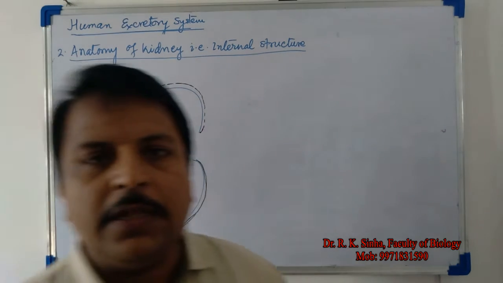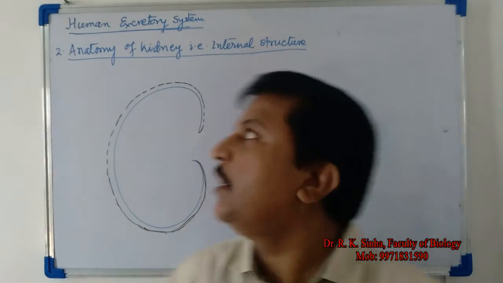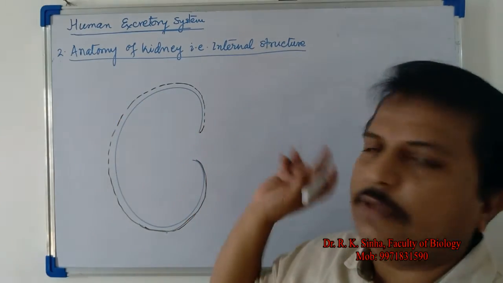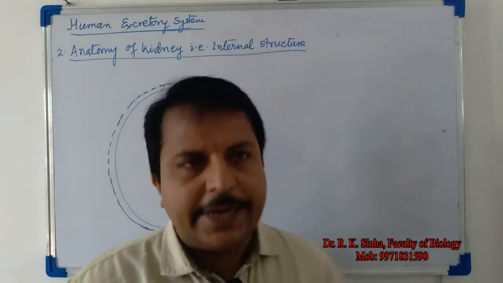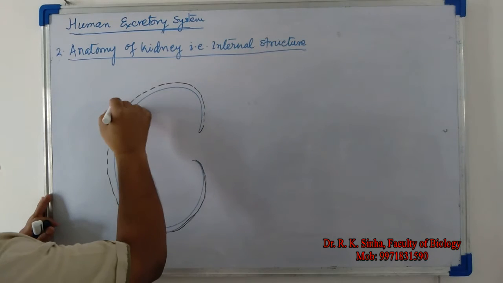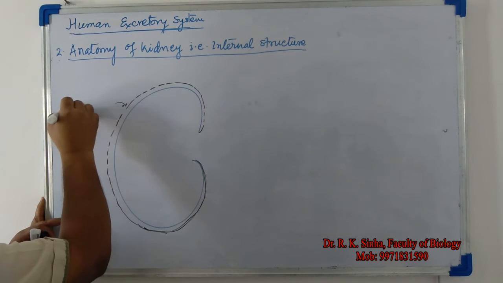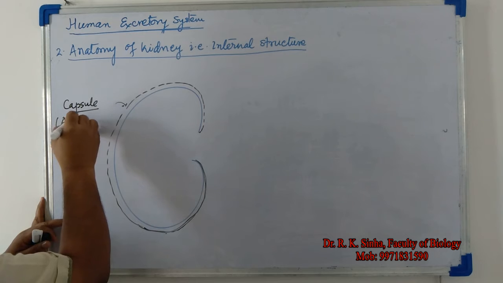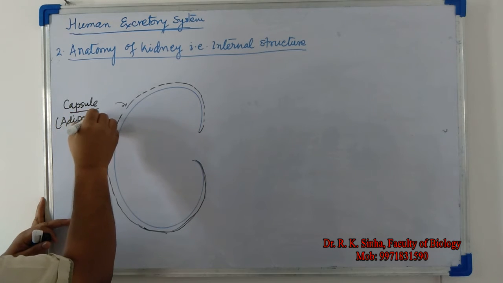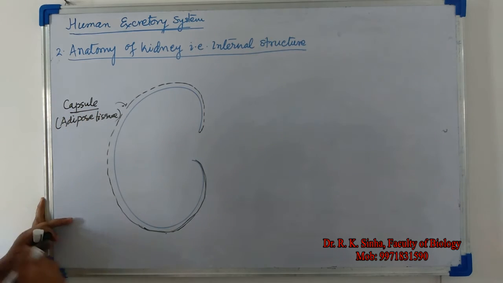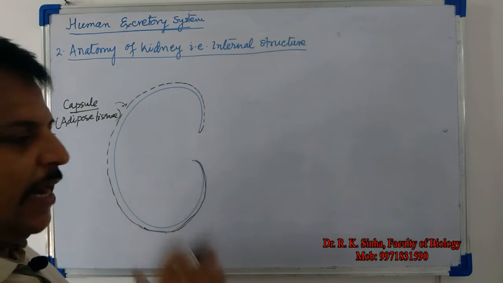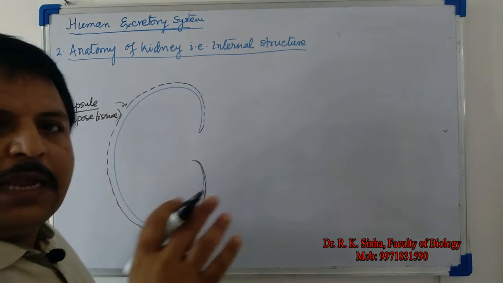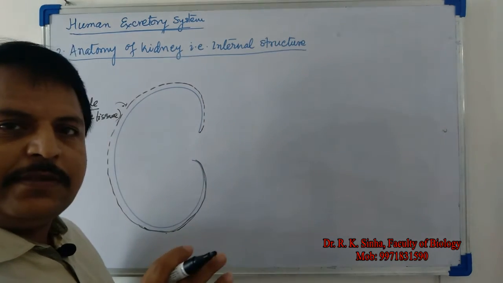Now let's see the internal structure of the kidney, means anatomical section of the kidney. Since the kidney is covered by this type of adipose tissue known as capsule, it is made up of adipose tissue. So it is a cushion like structure that will protect the kidney from external injury.